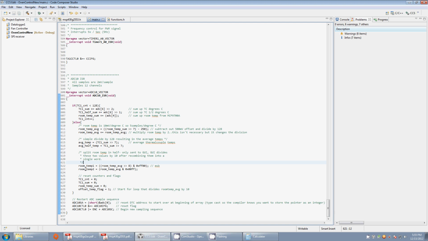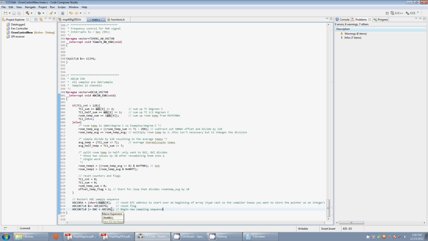So that's that. Then down here, we just reset everything, reset our flags and counters. Down here, we reset our address for our array, so that when we run through the sequence of channels again, we'll start back over at our array 0, our ADC 0 array address. We clear our flag, and then we restart our sampling sequence.